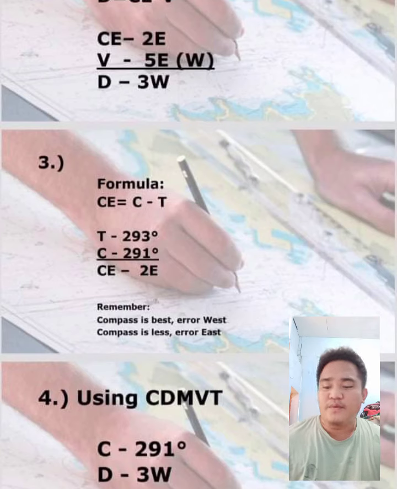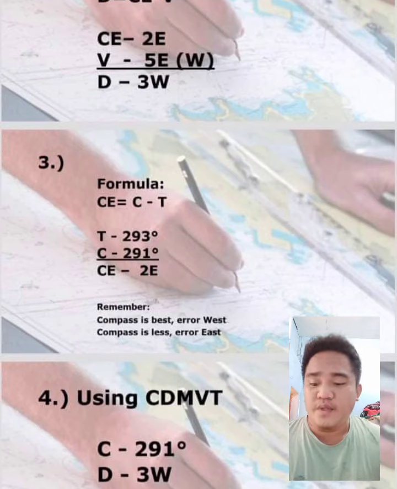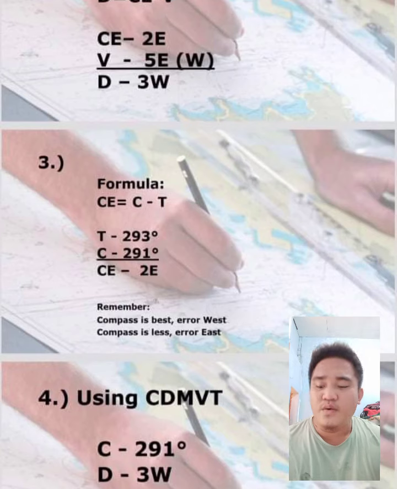So the formula is compass error equals compass minus true. So true is 293 degrees and the compass is 291 degrees. So we just need to subtract it. So the compass error is 2 west. And remember, compass best, error west; compass least, error east.